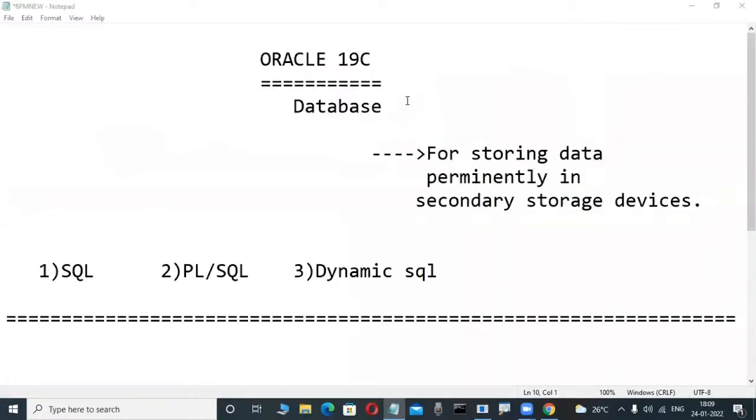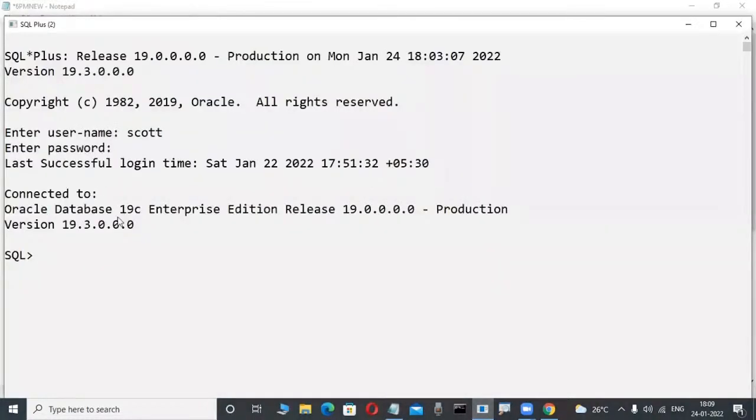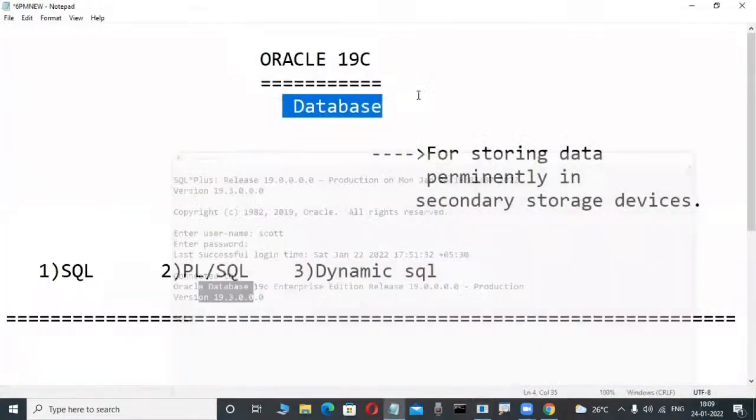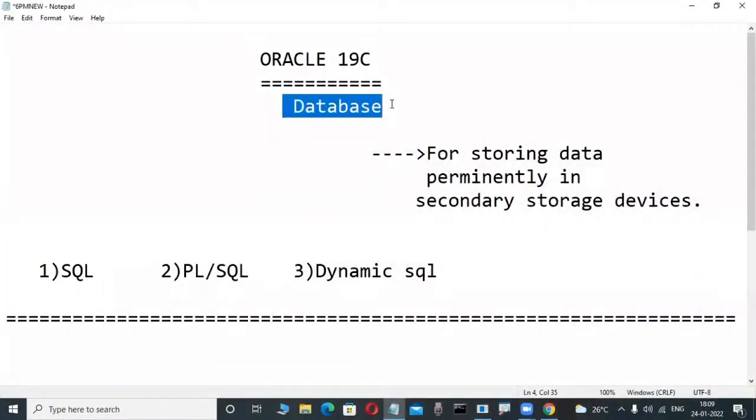Concentrate here. Anybody who did not attend the previous classes, don't worry. Simple. Oracle is a product from Oracle Corporation. 19c is a version. This Oracle is a database product. Previous class notes are just for idea. For newcomers, what is the purpose of this database product?